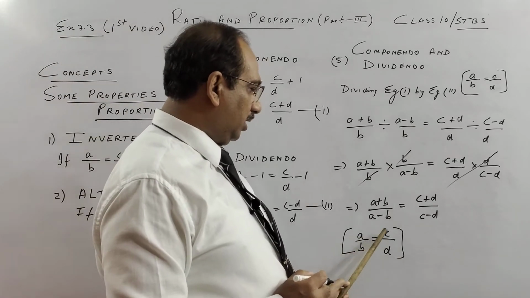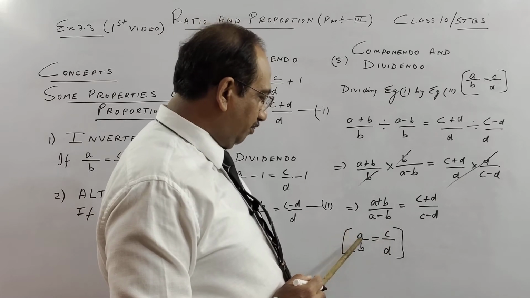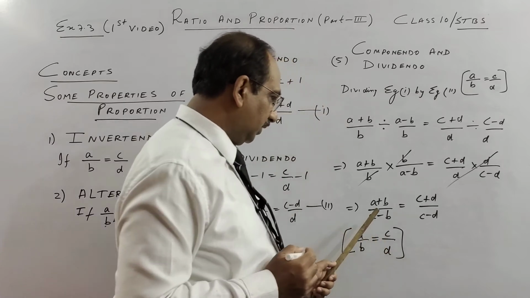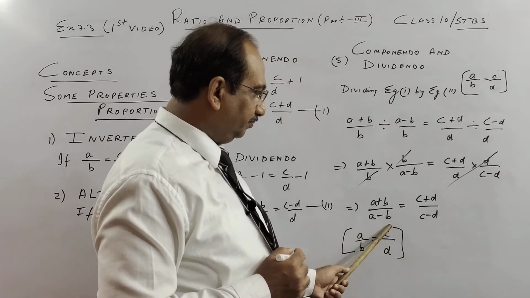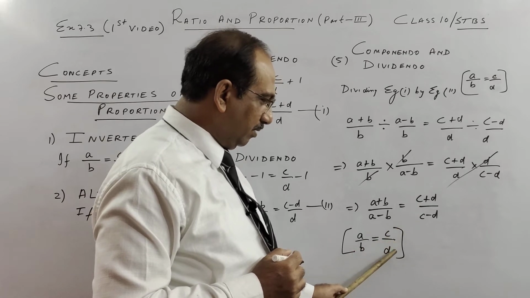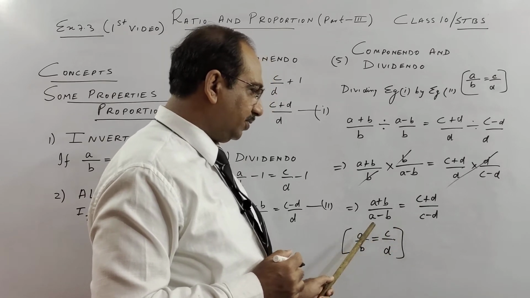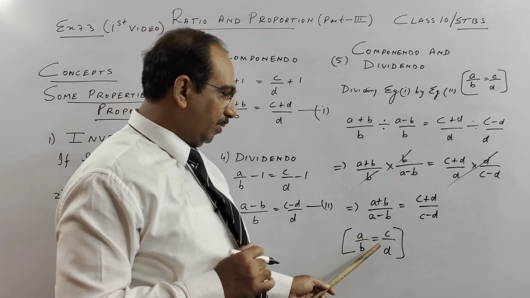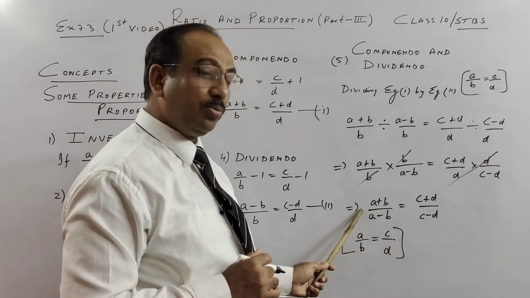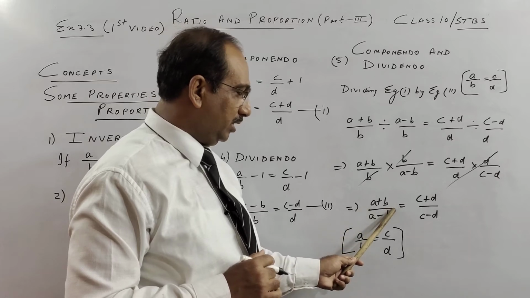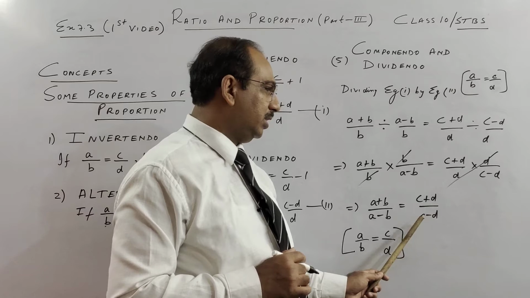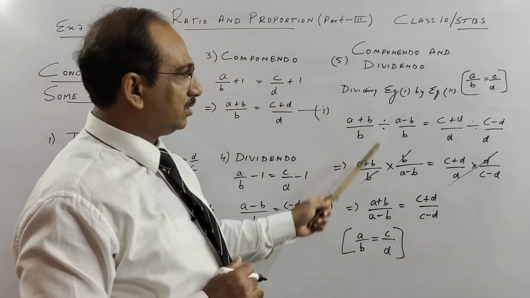So on the left side A plus B upon A minus B is equal to C plus D divided by C minus D. Once more, if a given proportion is A by B is equal to C by D, then by componendo and dividendo, A plus B upon A minus B is equal to C plus D upon C minus D. This is the proof.